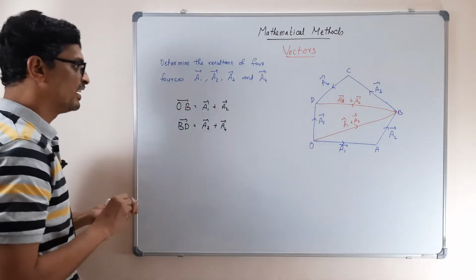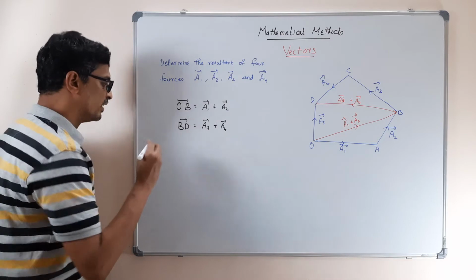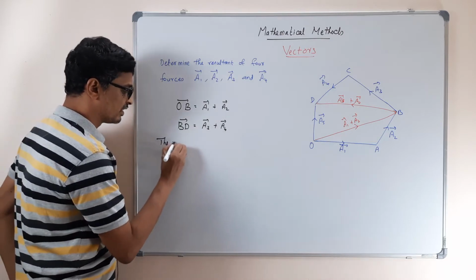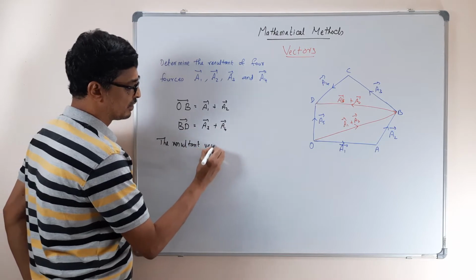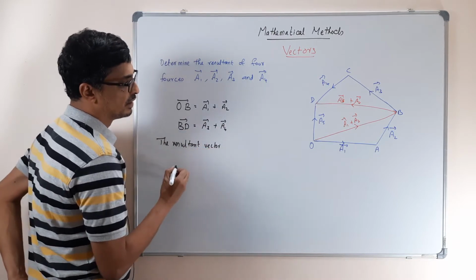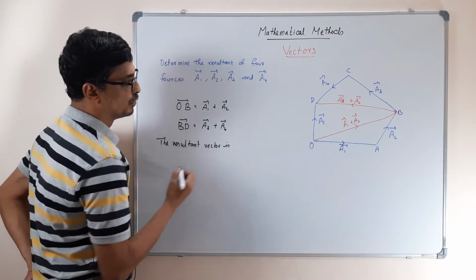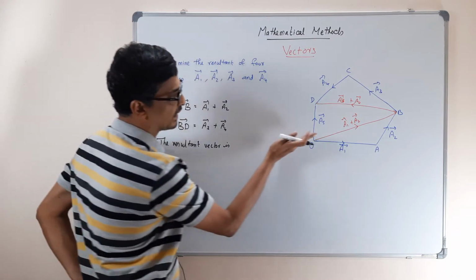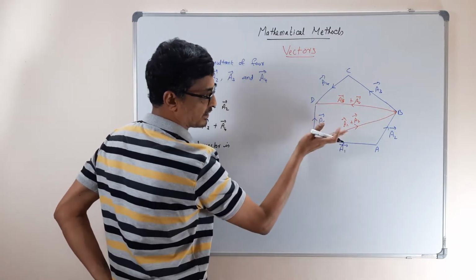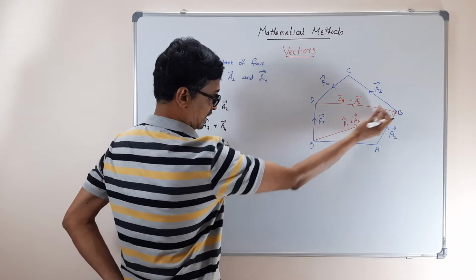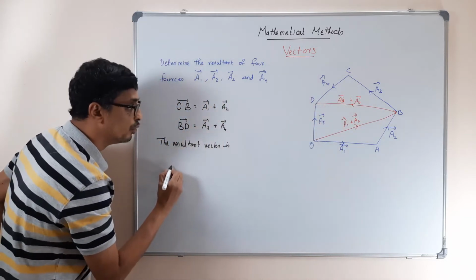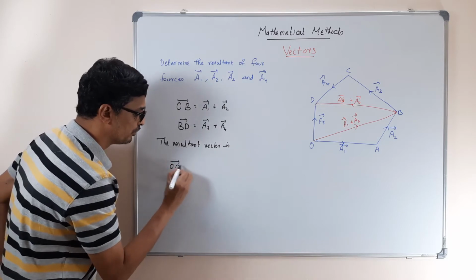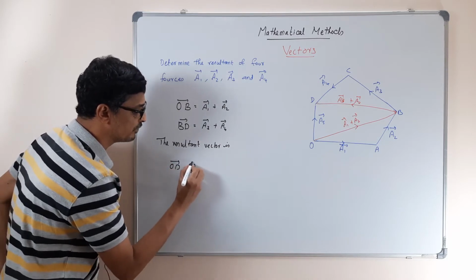So what will we write? The resultant vector is the OD vector, because see this direction, the same sense, so OD has to be the opposite sense. So it is the OD vector, which is given as the A5 vector.